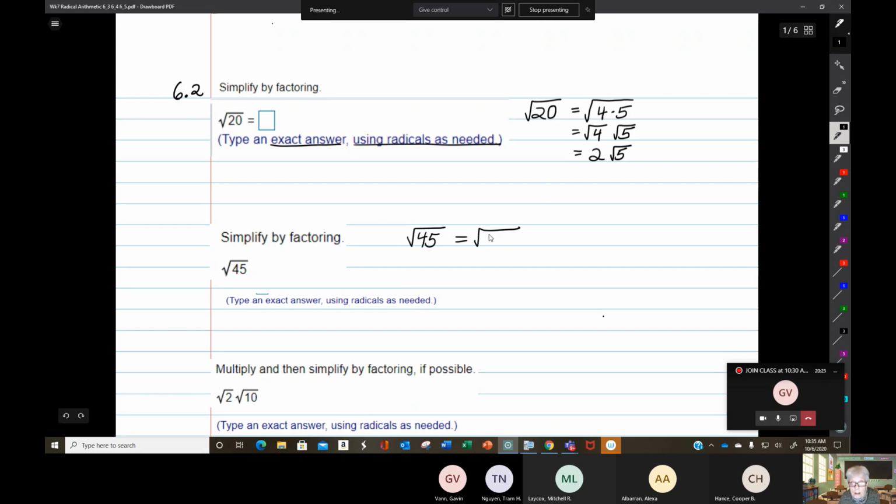Equals the square root of 9 times 5 equals the square root of 9 times the square root of 5. The square root of 9 is 3. So we have 3 with no radical times the square root of 5, which is a radical. This is called simplifying radicals.